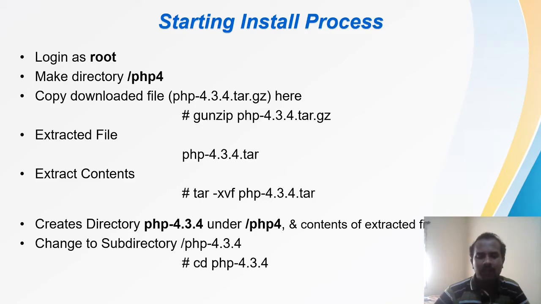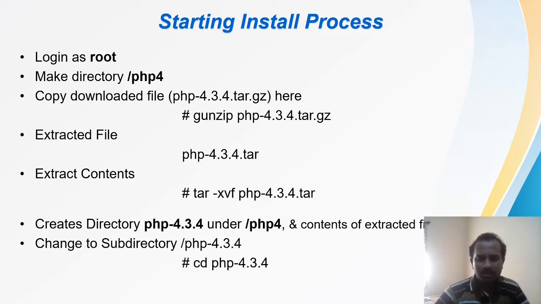So what will happen here is that php-4.3.4.tar.gz will get replaced by php-4.3.4.tar. Now tar is an archive file, so you have to extract it again. The command is # tar -xvf php-4.3.4.tar.